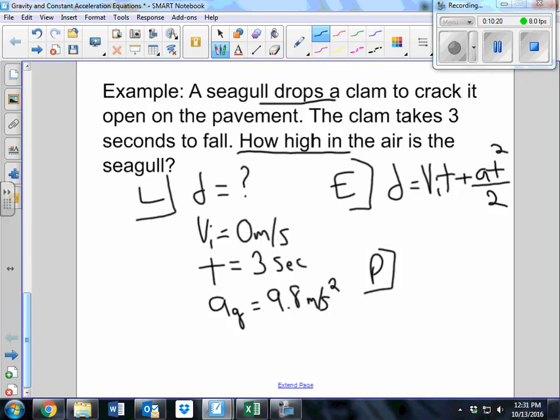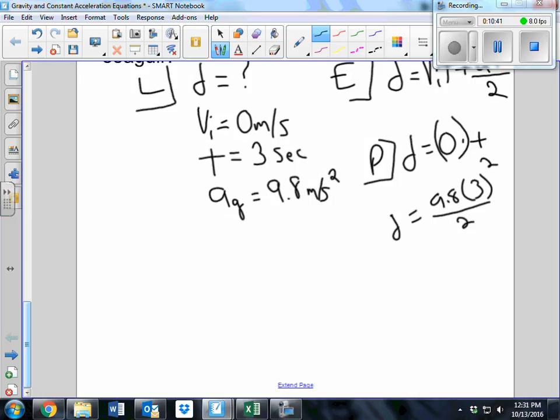So lastly, I plug in. I don't know distance. 0 times, I can put in the 3, but anything times 3 is 0. Plus, and I'm running out of room, 9.8 times 3 squared, all divided by 2. So distance equals that. I don't have a calculator, so I'll be doing this math in my head.